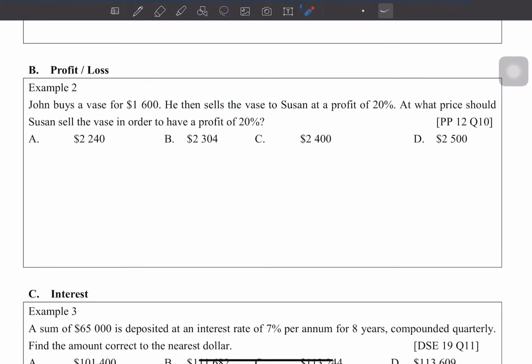The second question is related to profit or loss. Think about these questions. If John buys at a price equal to 1600 and then sells to Susan at a profit of 20%. If you want to do these questions, I want you to consider this timeline.